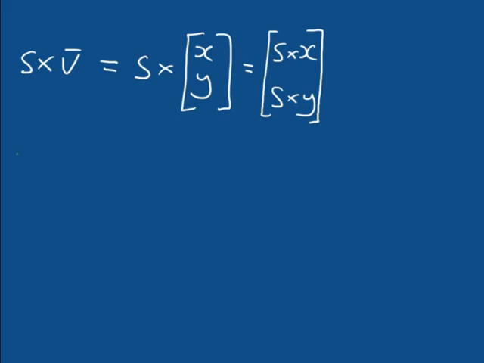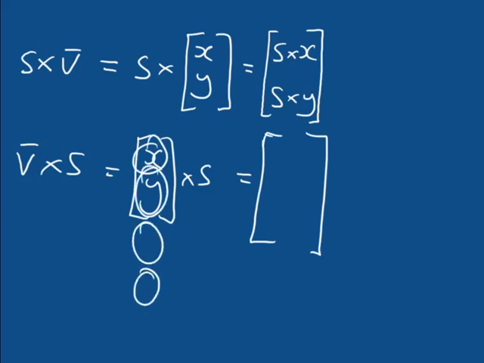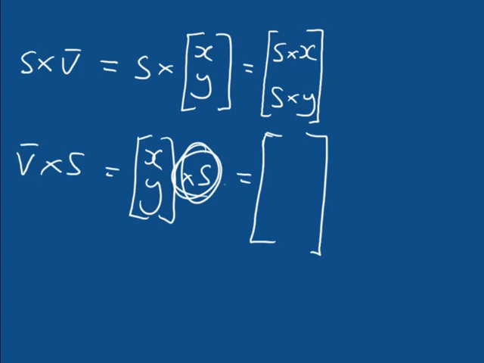What about the other way we could have multiplied this? v times s. So we'd have had x, y multiplied by our scalar. This is going to work in exactly the same way, but in this case we're going to take each component of our vector, and because that comes first, we're going to multiply it by our scalar.